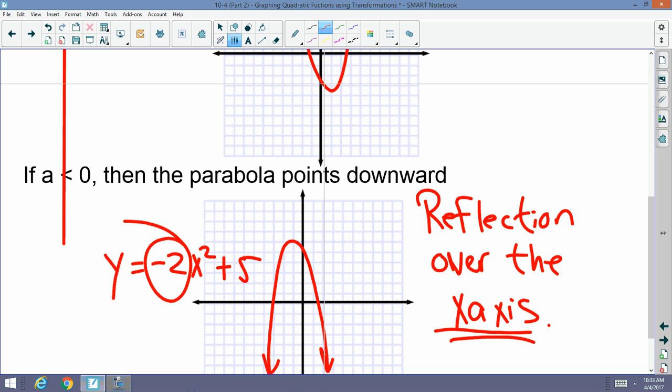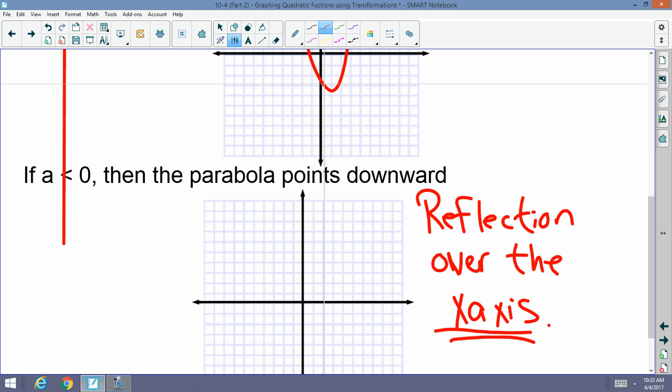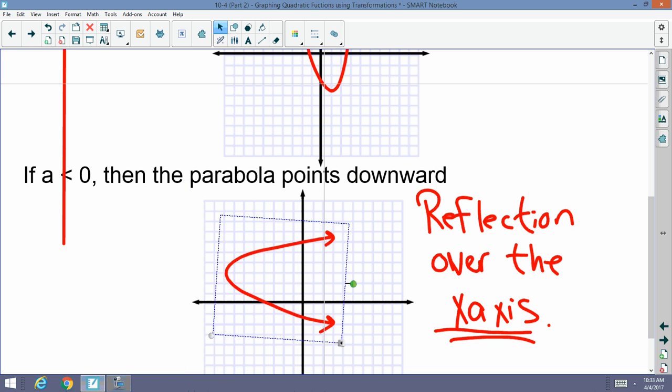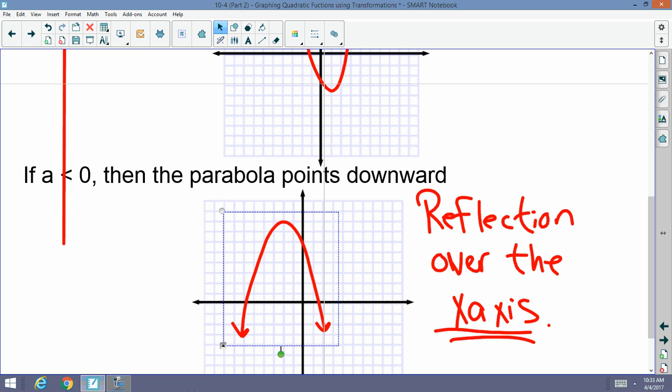Now your parabola is going down. That's why it's going down. If I have a positive A, it's like this, okay? But now, if I have a negative A, it's a reflection. It's upside down.